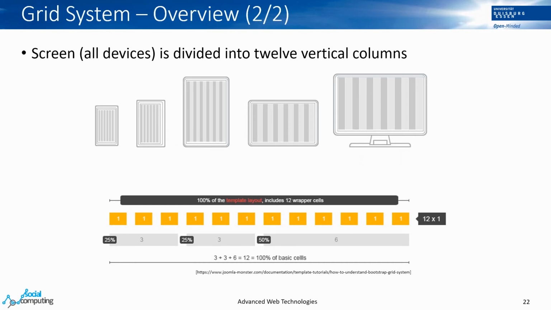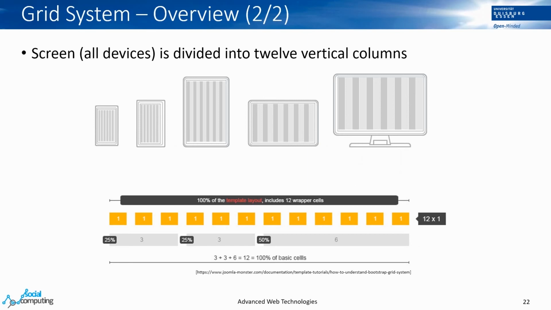For example, if you want to show content on half of the screen and other content on the other half, you can create one row, and then create two columns which span 6 columns each.